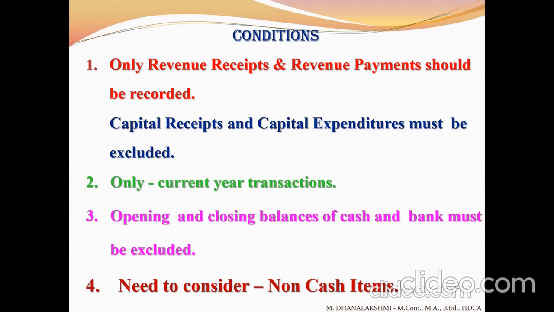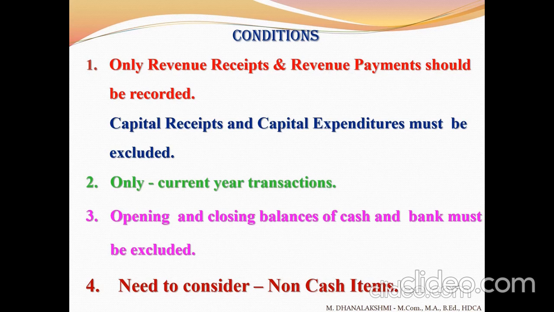Here you have to enter only revenue payments, that is, expenses which are recurring in nature, which means you need to pay regularly. For example, salary, wages, rent. So we record only revenue expenses, which occur again and again. For example, you have to pay salaries monthly, you have to pay rent on a regular basis, and you have to pay interest on loans regularly.